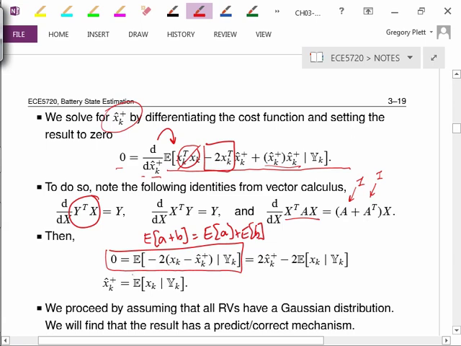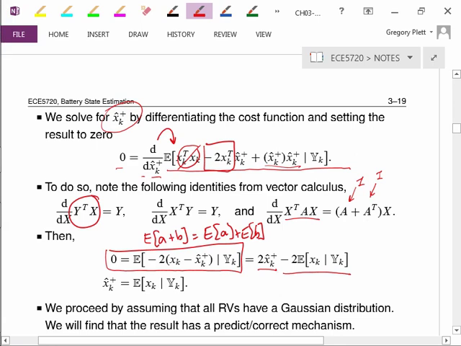So the expected value of minus 2x given y is minus 2 times the expected value of x given y. And then distributing the minus in, the expected value of plus 2x hat given y is in fact equal to plus 2x hat, because x hat is the result of this.